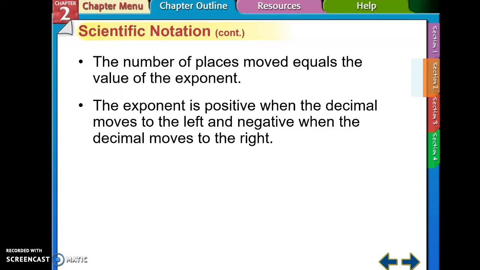If the decimal moves to the right, when you're taking it out of scientific notation, then the exponent is going to be negative. The way that I remember this is if, like on this one, 800 is 8 times 10 to the second, this is a big number, okay? When it's a big number, I'm going to have a positive exponent.